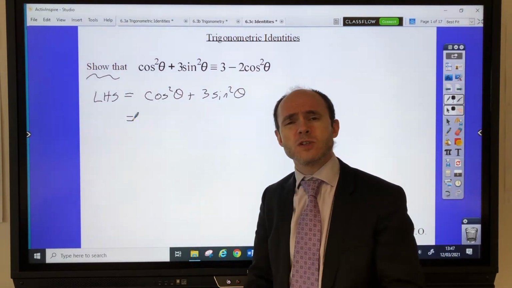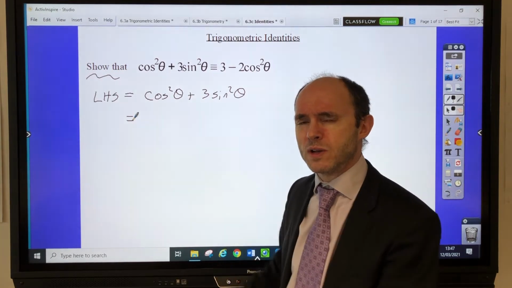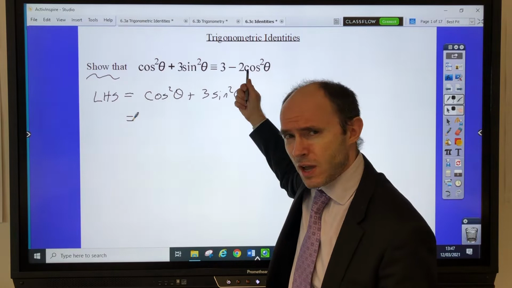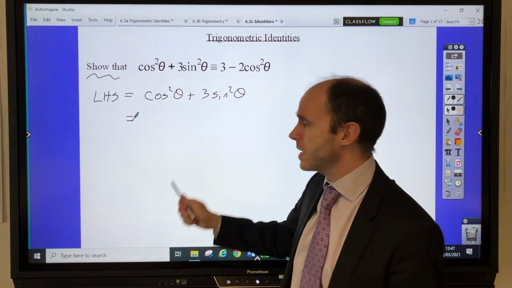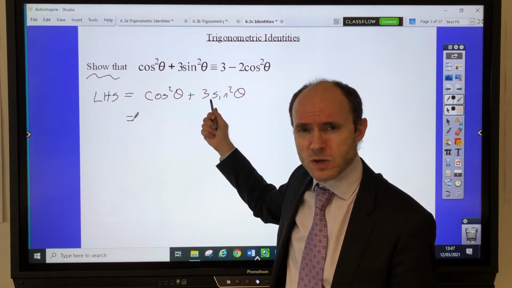That just gives you a clear method, a clear structure as to how to go about answering one of these problems. Now, what we'll notice is on the right-hand side, there are no sine terms anymore, it's just cosine terms. So the identity we want to use is to try and get rid of that term and write a cosine squared term instead.